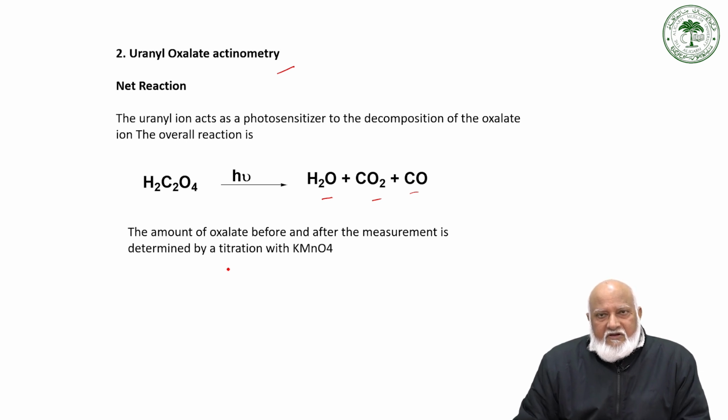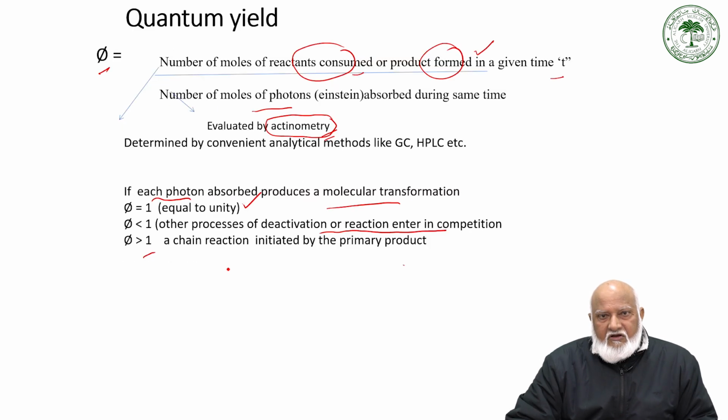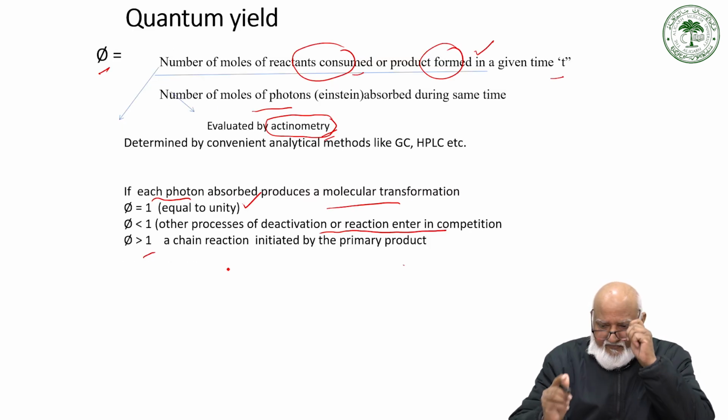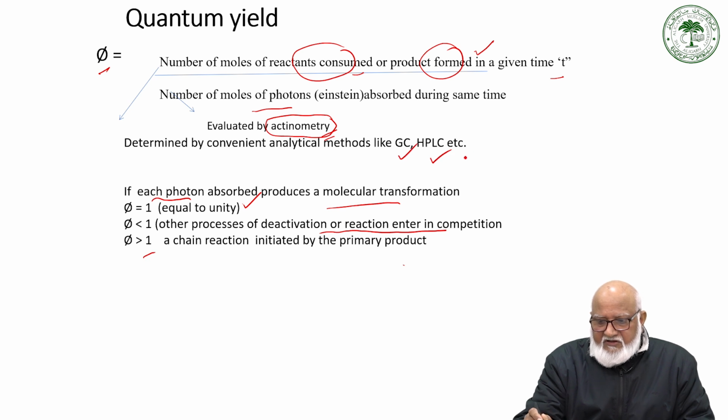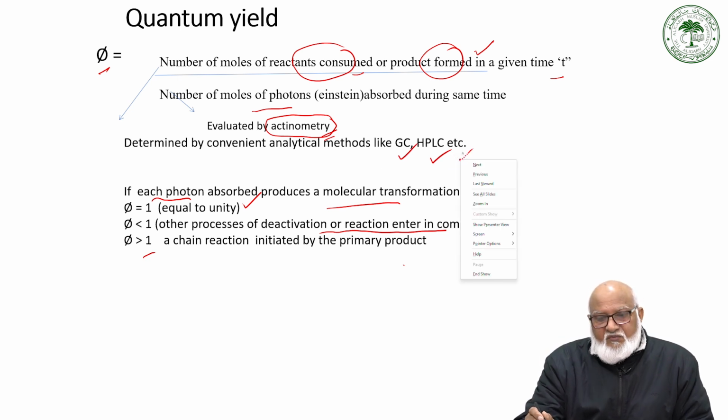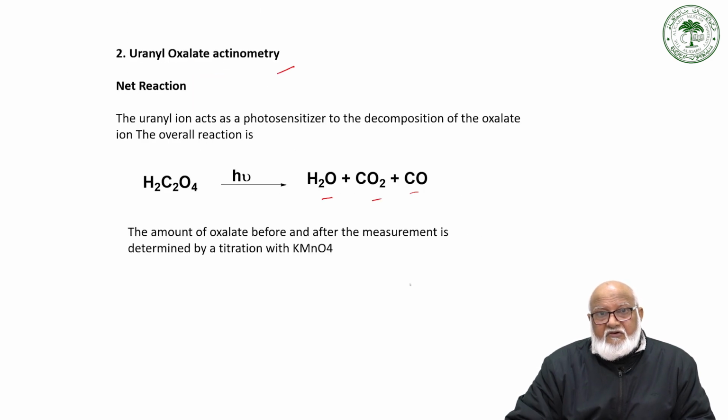As I have mentioned, the reactant consumed or product formed can be determined by GC, HPLC or GCMS as well, whereas the light intensity can be determined by these two representative actinometers.